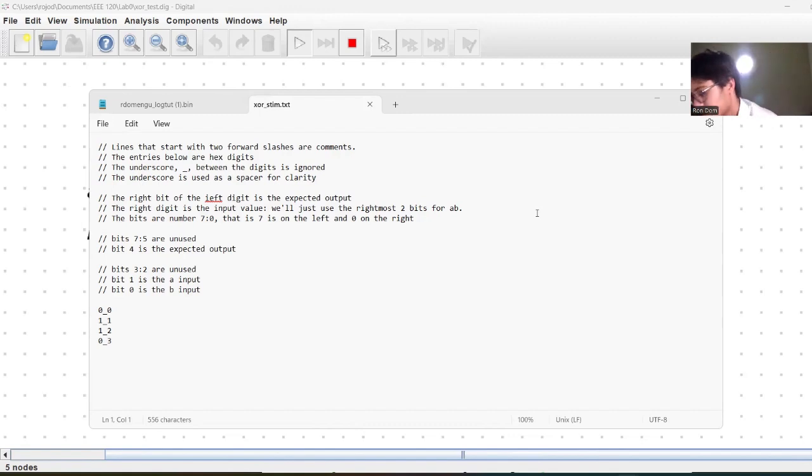So, for example, if A was true, that would be 1, and if B was false, that would be 0.